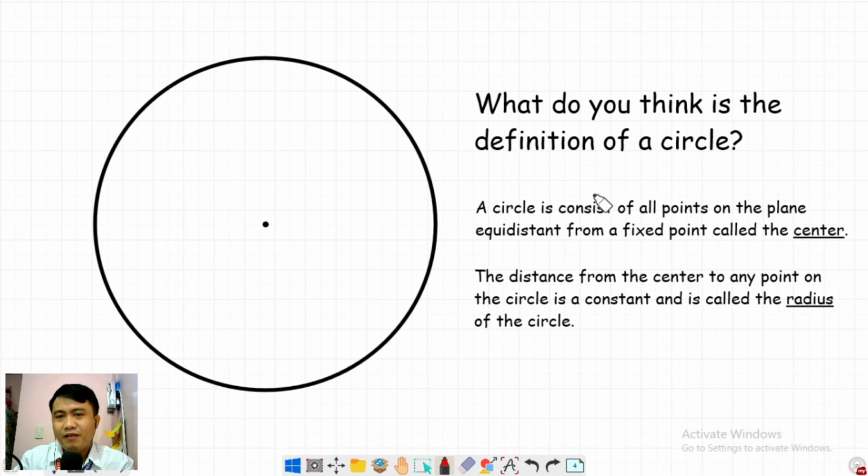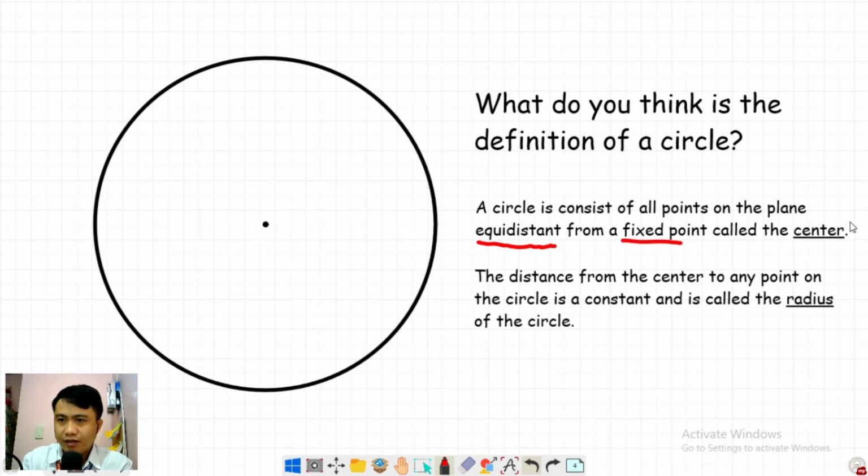Okay, so this is the definition of a circle. A circle consists of all points. Points po yan lahat. On the plane, equidistant. Pag sinabi nating equidistant, pare-parehas ng distance. Yan nakita natin kanina. From a fixed point. Ito po yung fixed point.